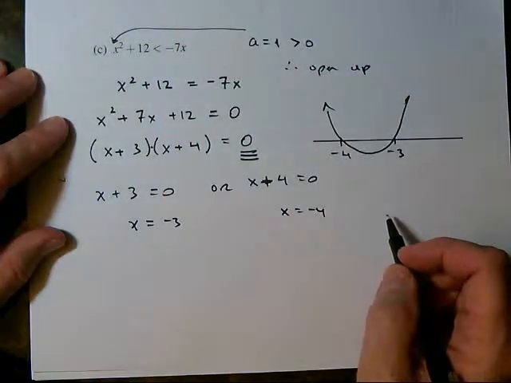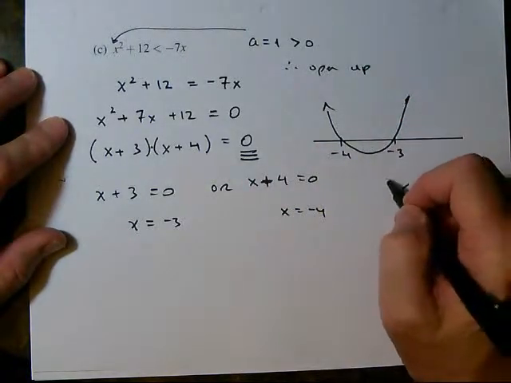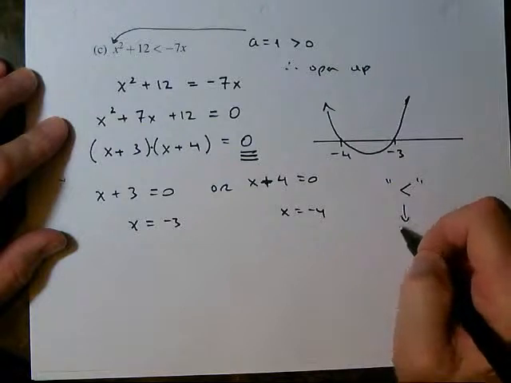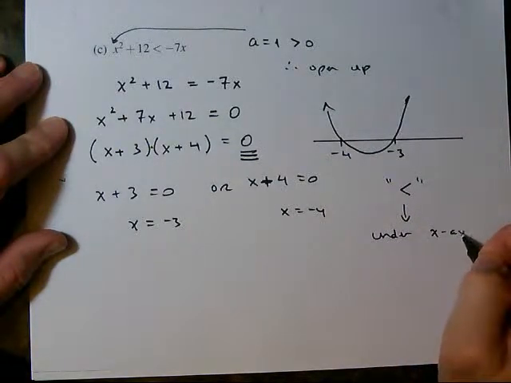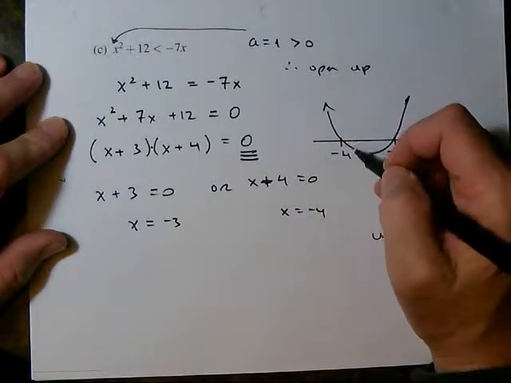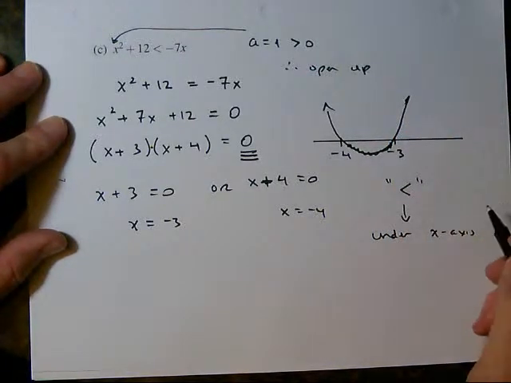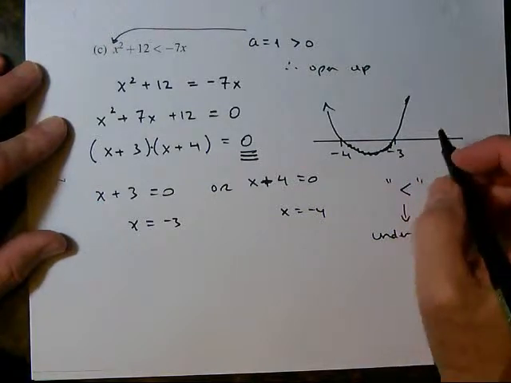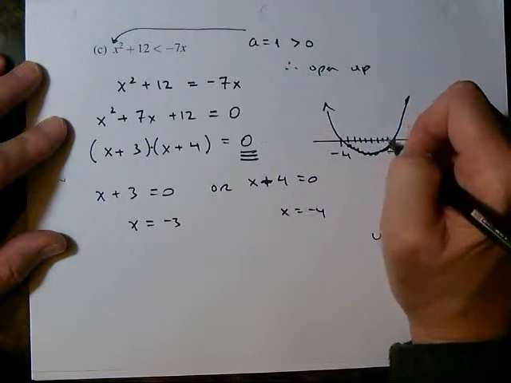Then we want it to be less than. That means we want the part that's under the x-axis. So less than, that means under the x-axis. So here is a graph that's being under the x-axis. Our solution is the x's that make that happen.